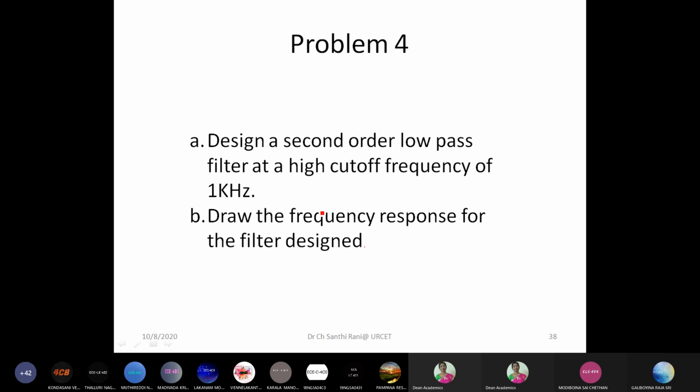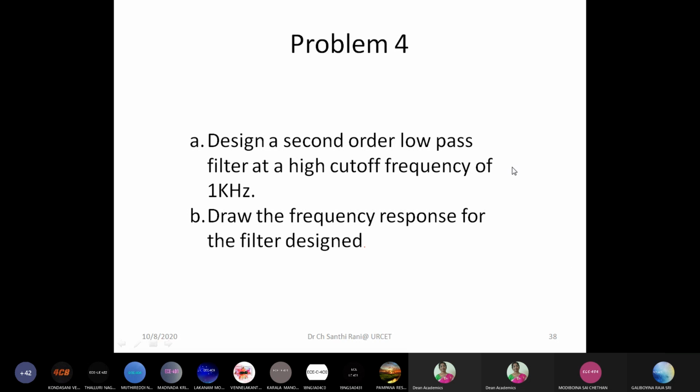Just now your friend showed, no? The same type of plot you have to do for this circuit. For this filter also, I asked you to draw this frequency response plot. I think your friend showed a response plot for this circuit only.